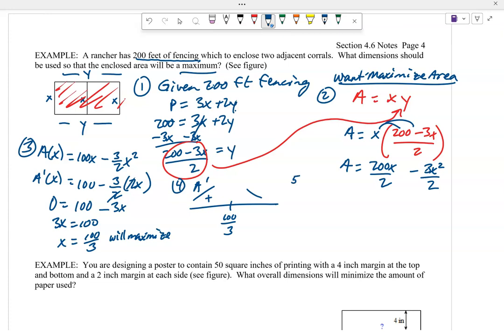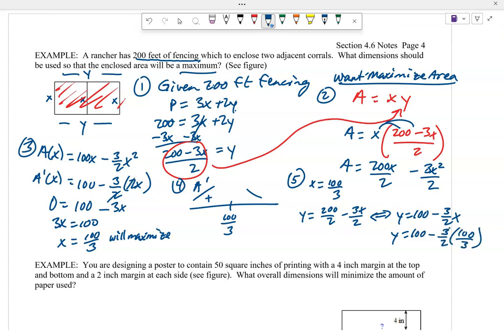So we know x has got to be 100/3. So what would our y be? Well, our y was 200/2 minus 3x/2. So our y is 100 minus 3/2 x. And we know our x is 100/3.